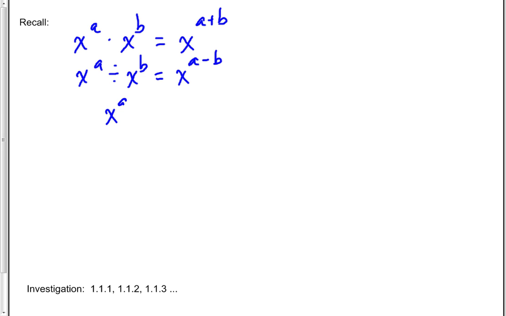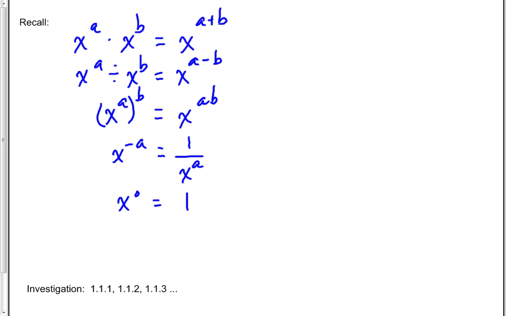The power of a power is when you have a power raised to another exponent, and we would keep the base, multiply the exponents. If you have a negative exponent, it would be, well, it's not very mathy, but a flip. If you have a 0 exponent, your answer is 1.